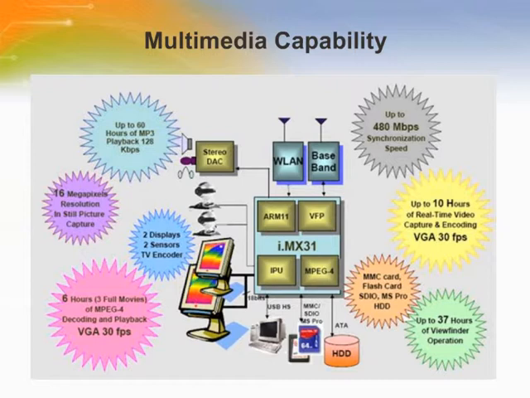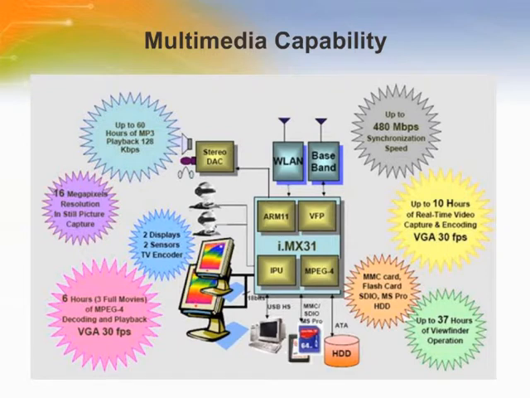The video implementation in the i.MX31 processor is the result of a smart trade-off between performance and flexibility. With a VFP coprocessor and L2 cache, the i.MX31 is designed for any wireless device running computationally intensive multimedia applications such as digital video broadcast and video conferencing.